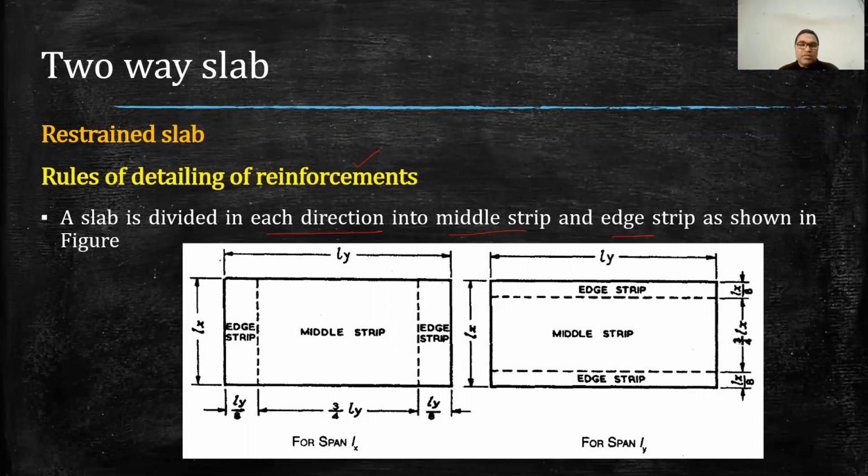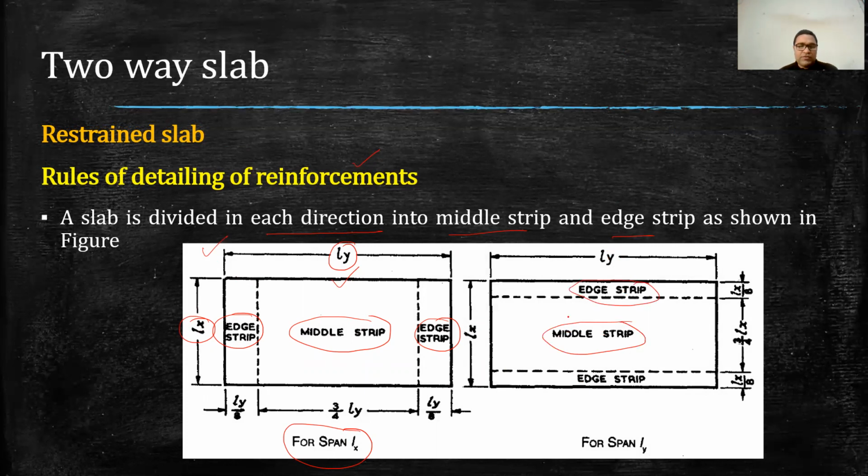For example, if this is a slab and the shorter edge is represented by Lx and the longer edge by Ly, then for each span, it will be divided into a middle strip and edge strips from both ends. Similarly, this division is for the span Lx. Similarly, for the longer span, it is again divided into a middle strip and edge strips.